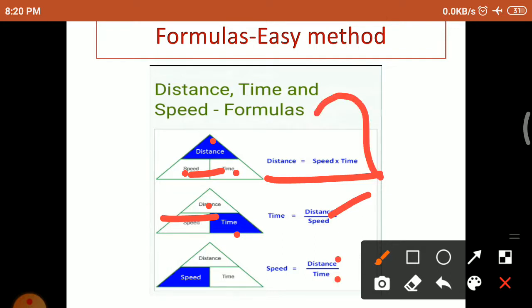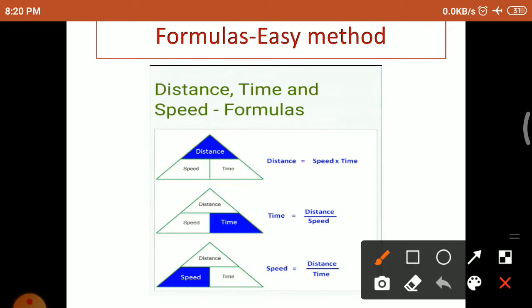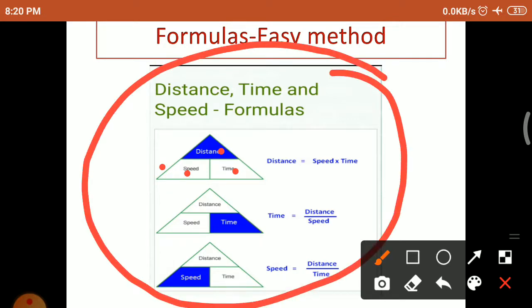So from this single formula, we can make three formulas. You have to draw a triangle, then write distance, speed, time. If you want distance, you multiply. If you want time, distance by speed. Speed equals distance by time. This is an easy method to memorize the speed formula.